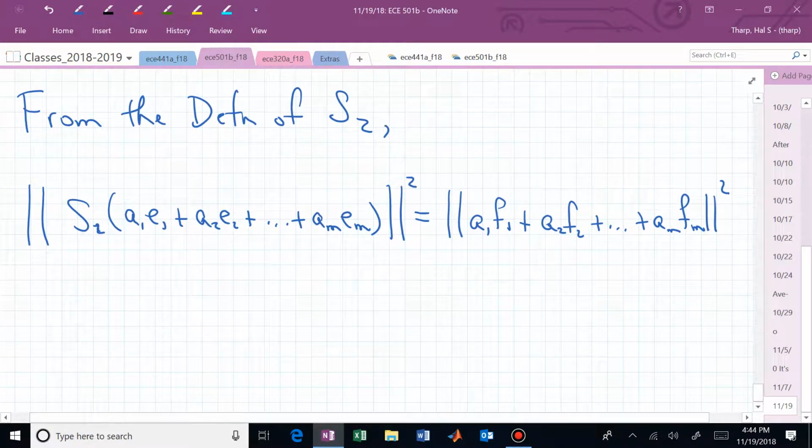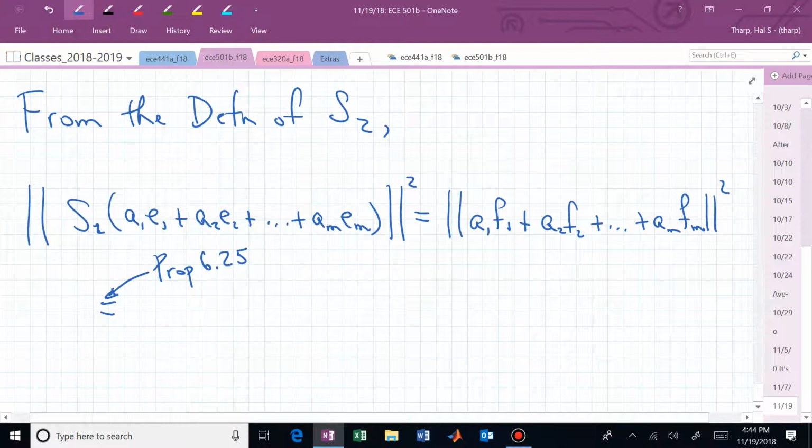Okay, what's this right-hand side's norm in terms of these weightings, a1, a2, a sub m? Because these f's are orthonormal basis vectors, it's the absolute value of a1 squared plus the absolute value of a2 squared, etc. I hope I have that right, that's some proposition in an earlier chapter.